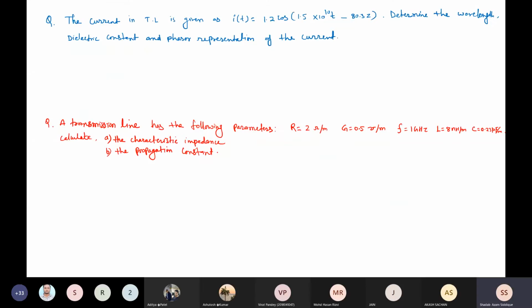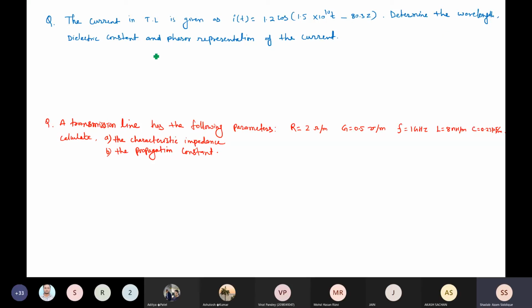Now we have a few problems. We have two problems, and we'll try to see this problem which is given here. The current in the transmission line is given as I of t is equal to 1.2 cos of 1.5 into 10 to the power 10 t minus 80.3 z.